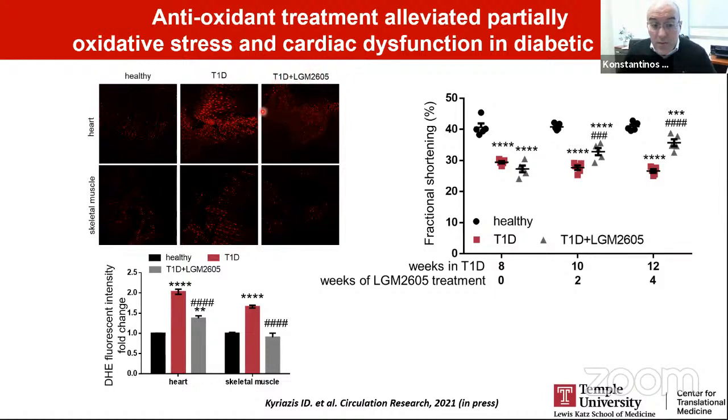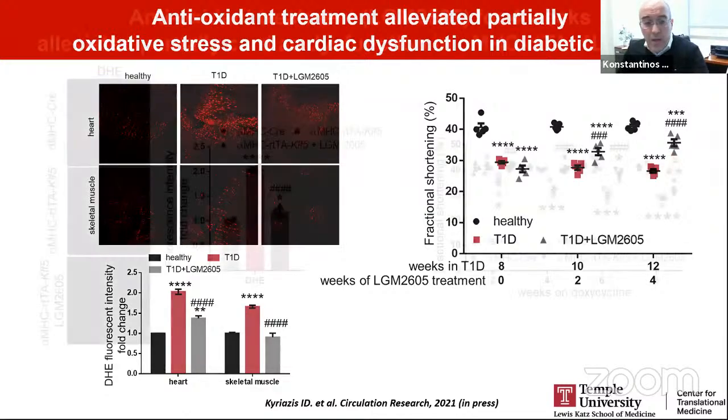We confirmed that this suppressed, at least partially, the DHE staining in the hearts, and it completely blocked the oxidative stress in skeletal muscle. But when we checked cardiac function, we only saw a partial improvement in diabetic mice treated with the ROS scavenger.